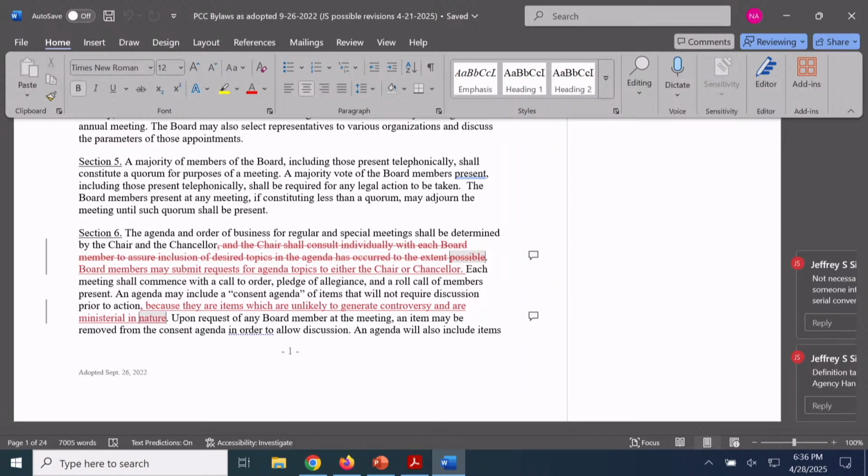So for example, if we already have a dual enrollment agreement with the school district and we want to renew it for another year, that's not typically something that needs a lot of discussion or debate. The board has already clearly signaled that it's a goal of the college to have extensive dual enrollment agreements. We don't need a big debate about whether to issue an agreement for another year. So that's the idea.